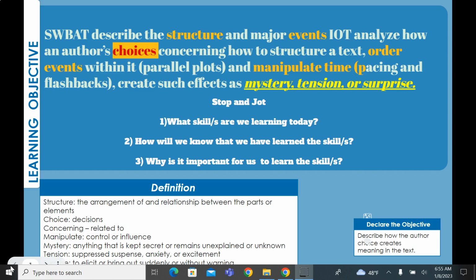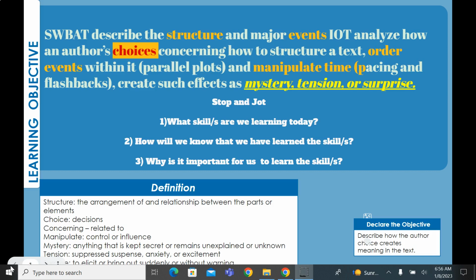How did the structure of the text, the passage, the sentence help us to identify mystery, tension, surprise, or even suspense? And how did this structure create these elements? And how did these elements affect the overall story? How did it affect the character? How did it affect the tone, the mood?